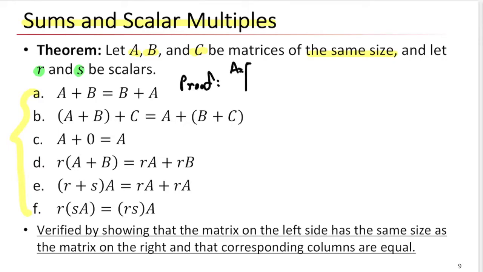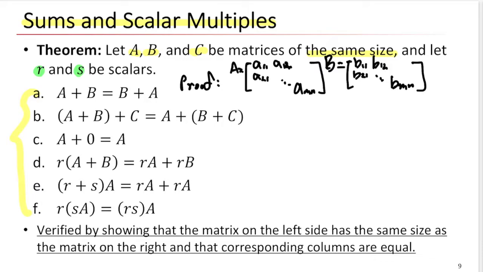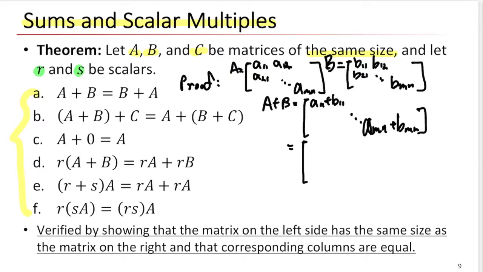Let's say matrix A, matrix B, then A plus B means there is some rule, something like B11 plus A11 in the real value property.